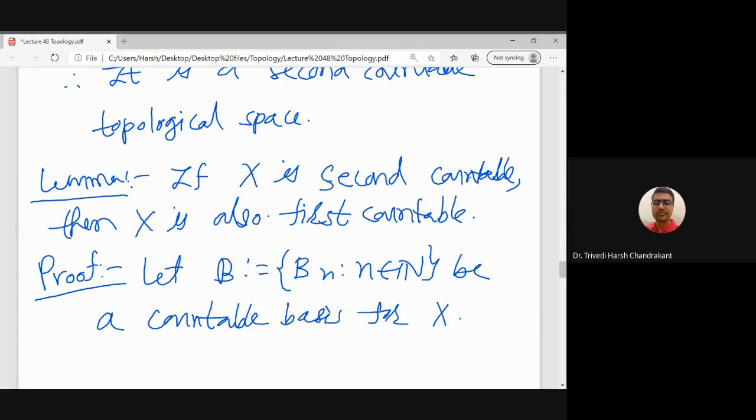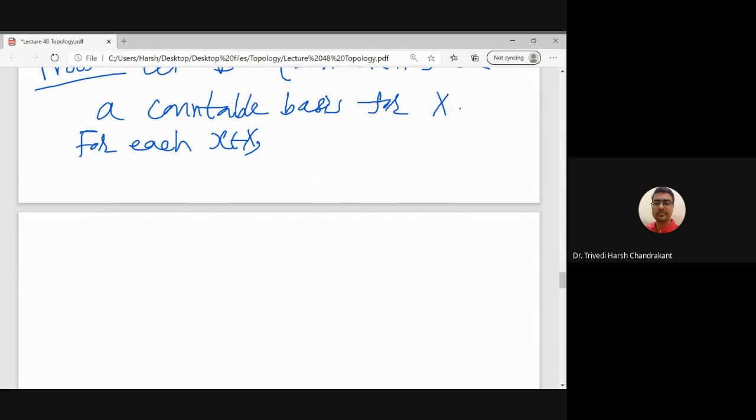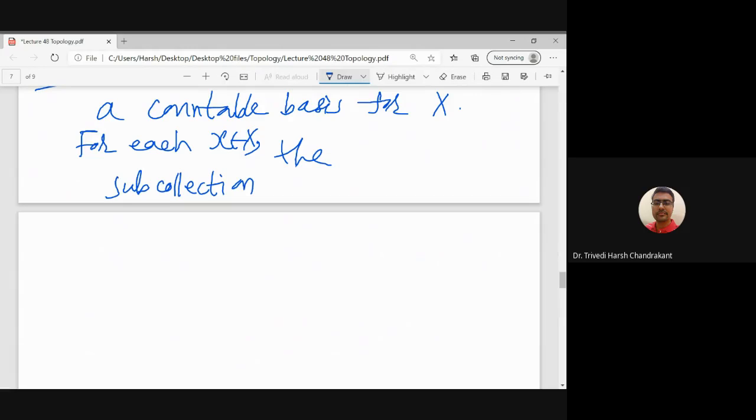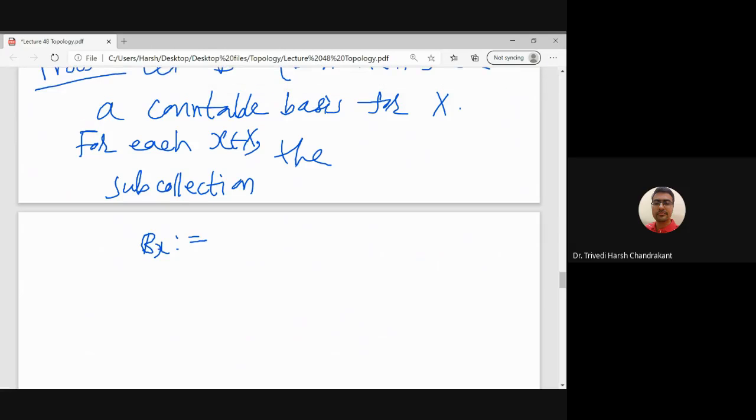And once it has a countable basis, then for each x in X, consider the subcollection Bx.